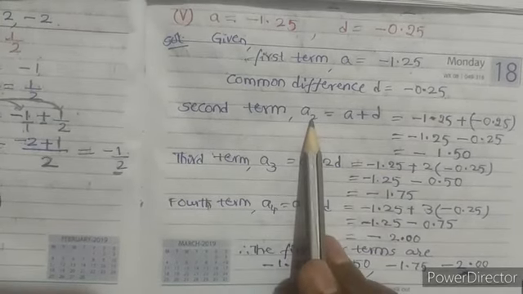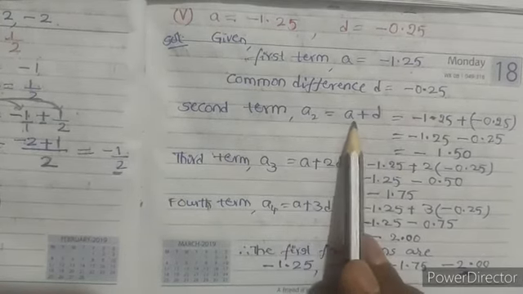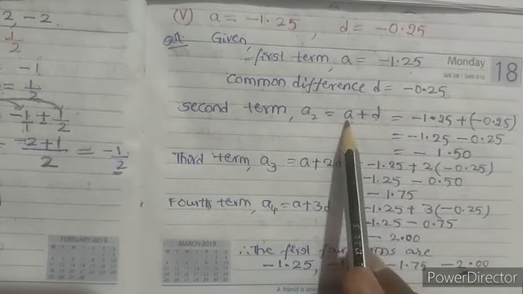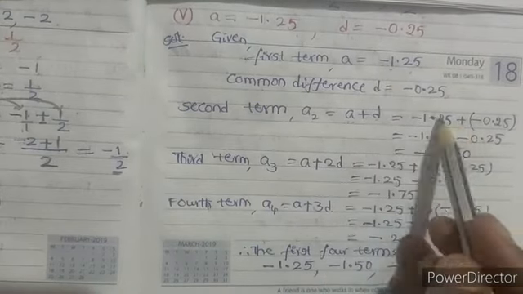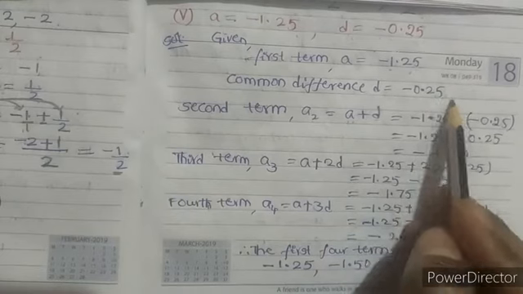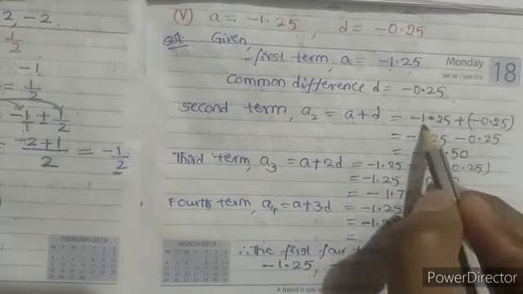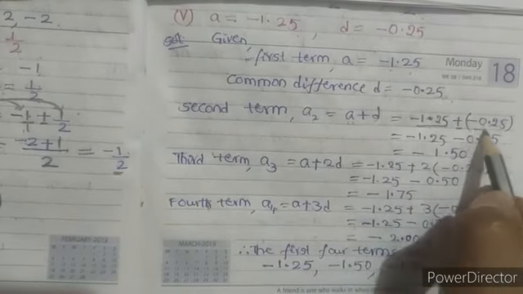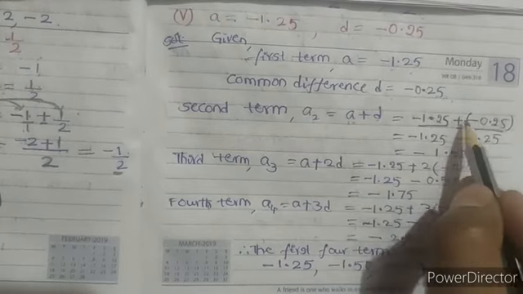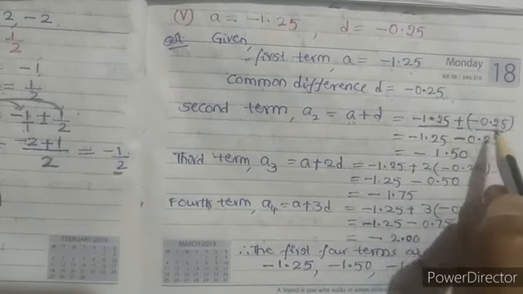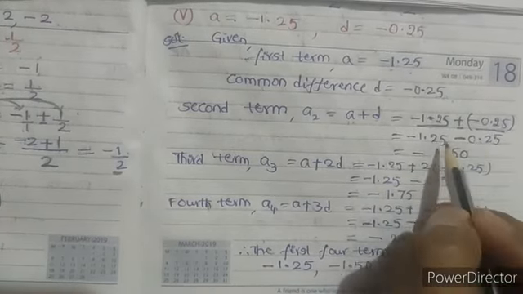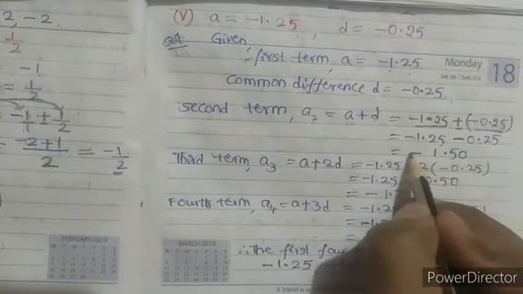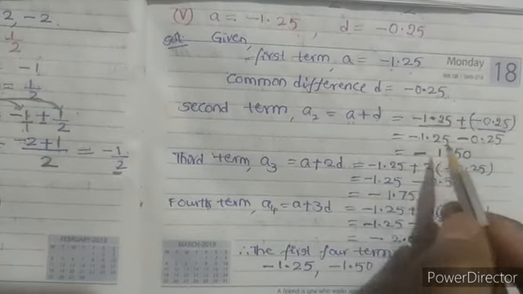Second term A2 is represented as a plus d. A value is minus 1.25 plus d value is minus 0.25. So a value plus d value. Plus into minus, that is minus 0.25, and this as it is. Both are negative, so we will get a negative answer.